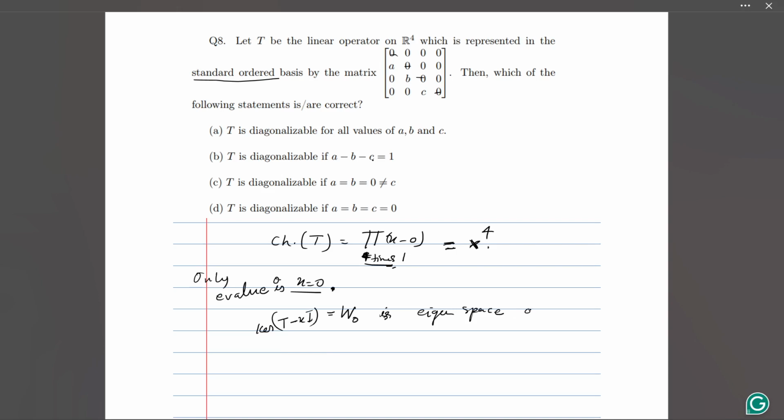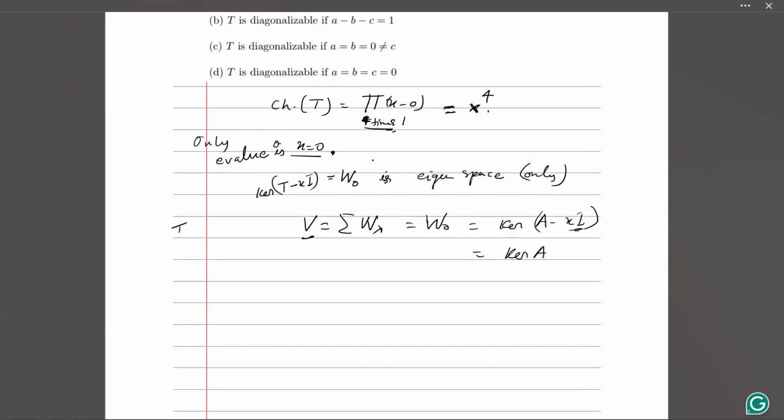When T is diagonalizable, the whole space V can be written as the sum of the W lambdas. But here we have only one, so this is nothing but W0, and this is just the kernel of T minus xI. I'm writing A minus xI, but x is 0, so this is nothing but the kernel of A.